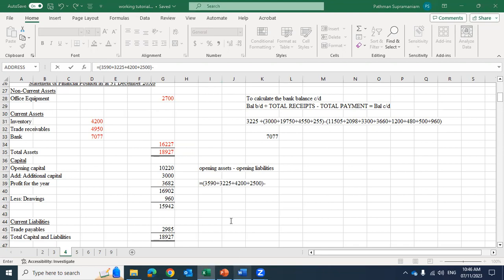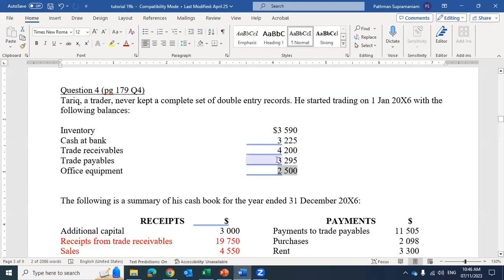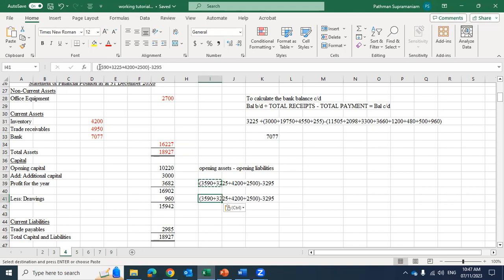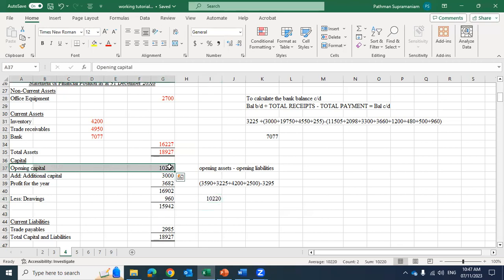And there is only one liability here, which is trade payable, 3,295. So this is the working. This is the answer, and that's how I got 10,220.